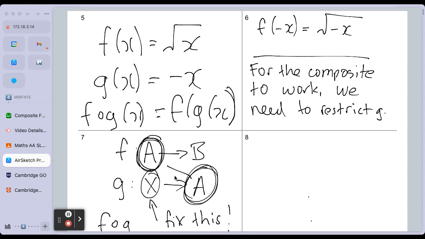So F composed with G of X means F of G of X. That's what it means.